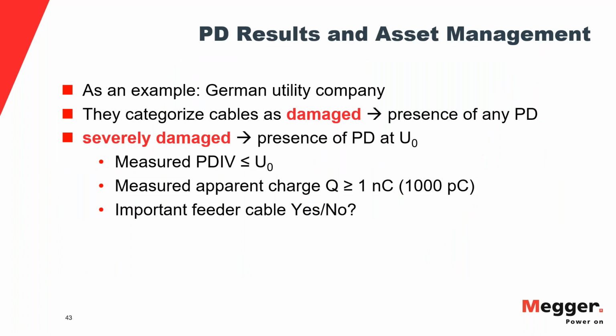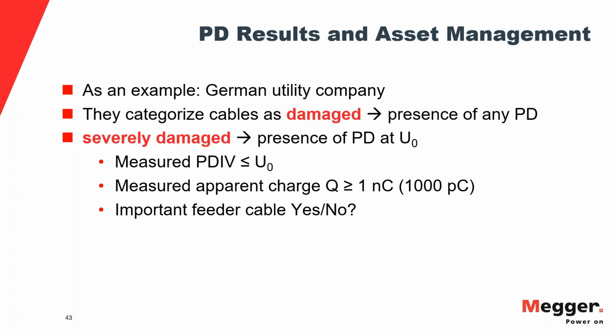And now I want to give you, to conclude the PD section, just an example of asset management. And I emphasize this, take this with a grain of salt. This is not really the full picture, okay? It's not the full story that I'm telling you here. So I got this information from a German utility company, and it's very common.